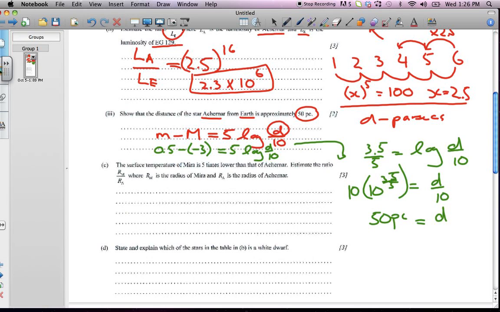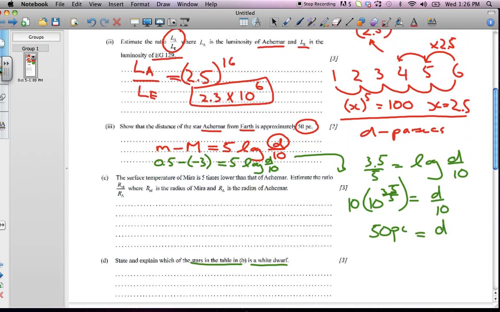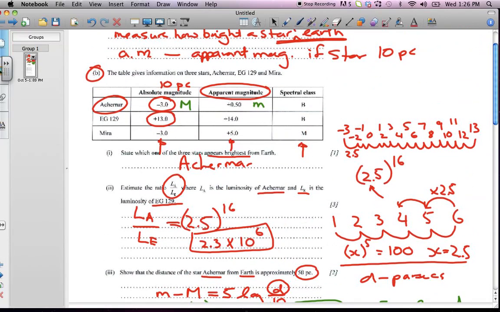And then finally, for this question here, state and explain which of the stars in the table is a white dwarf. Now we know a white dwarf is quite hot. It's got a hot surface, but because it's so small, it hasn't got a high luminosity. So here we've got the same spectral class, so the temperature of the surface is about the same.